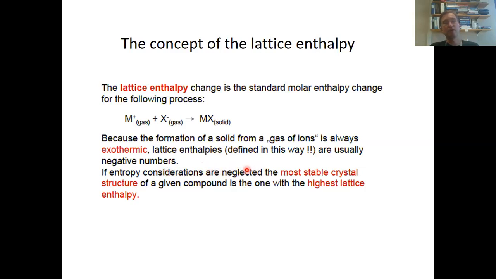So what we would expect is that the driving force for the reaction is dominated by the lattice energy, and that we would expect the crystal structure that gives you the highest lattice energy.